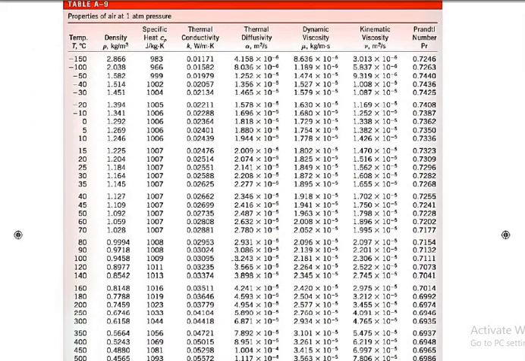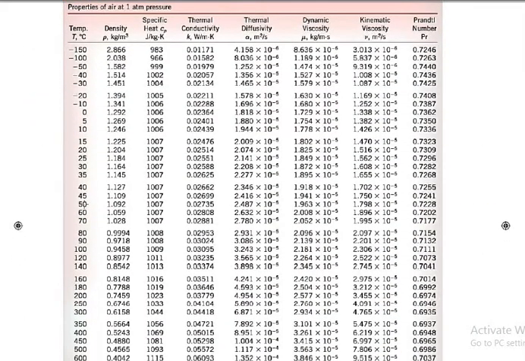If you look at the air properties at 50 degrees Celsius, the density is 1.092 kg per meter cube. Then specific heat Cp is 1007. Then thermal conductivity is 0.02735. Then thermal diffusivity is 2.487 into 10 raised to minus 5.